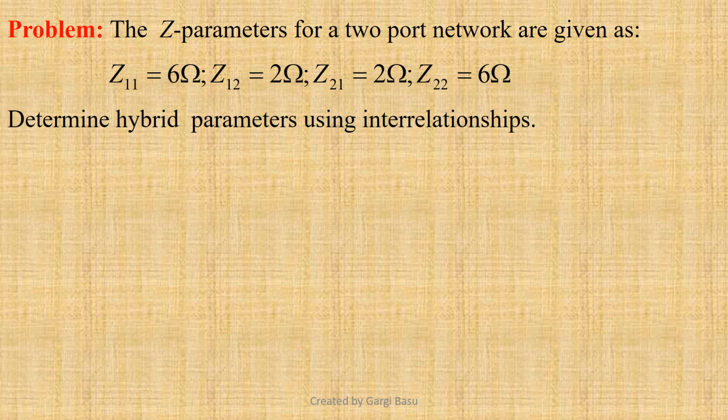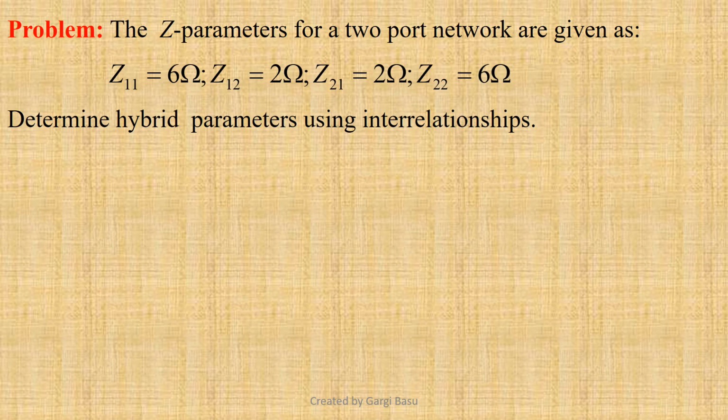Now let us solve a couple of numerical problems to have hands-on practice on implementation of the interrelationships we have developed so far. In this problem, the Z parameters for a two-port network are given as Z11 = 6 ohm, Z12 = 2 ohm, Z21 = 2 ohm, Z22 = 6 ohm.